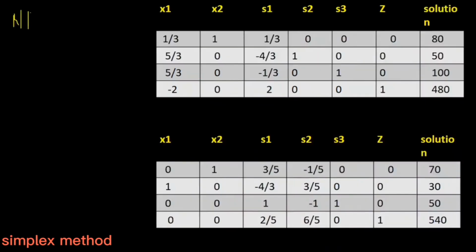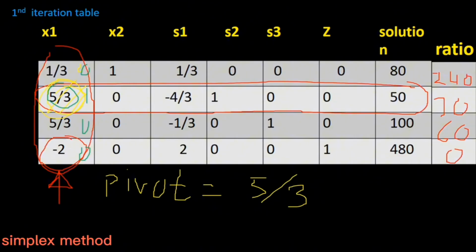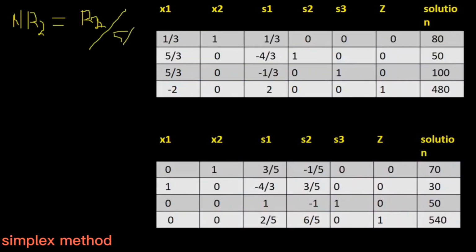New row 2 is equal to what? Row 2 divided by 5 on 3. We're going to have row 2 divided by 5 on 3.